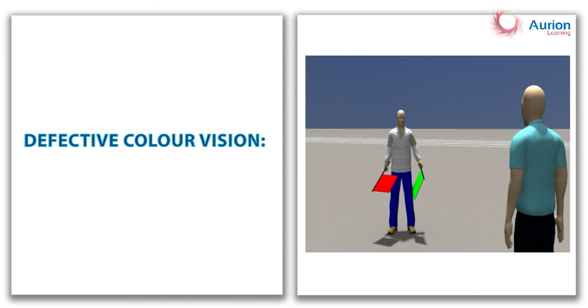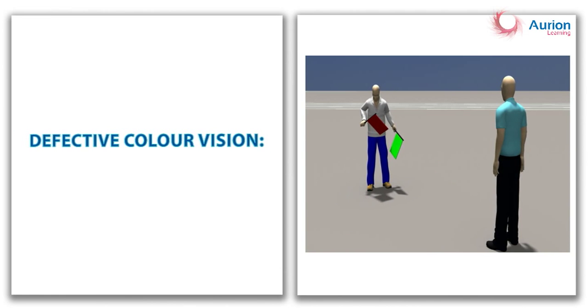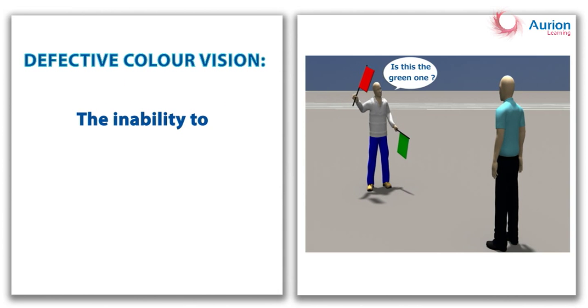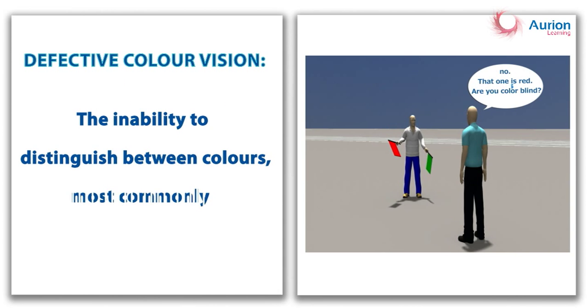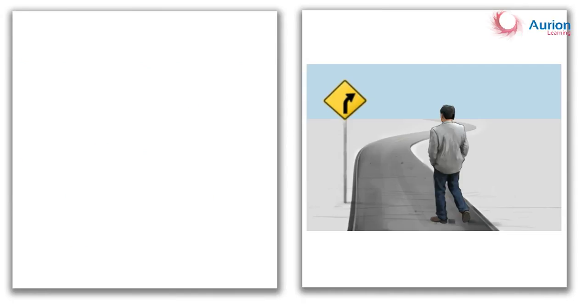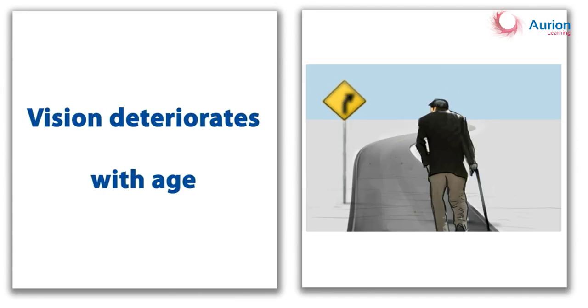Color vision. 8% of males and about 0.5% of females suffer from color blindness, which is an inability to distinguish between colors, most commonly between red and green. 6. Age. We also have to remember that the older we get, the more our vision deteriorates.